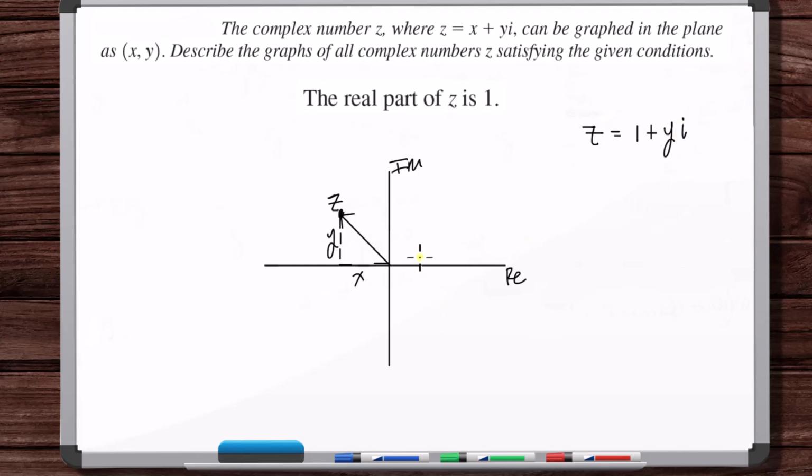So that would be this vertical line going through 1. All complex numbers on this vertical line here have real part equal to 1. So that's what this is referring to.